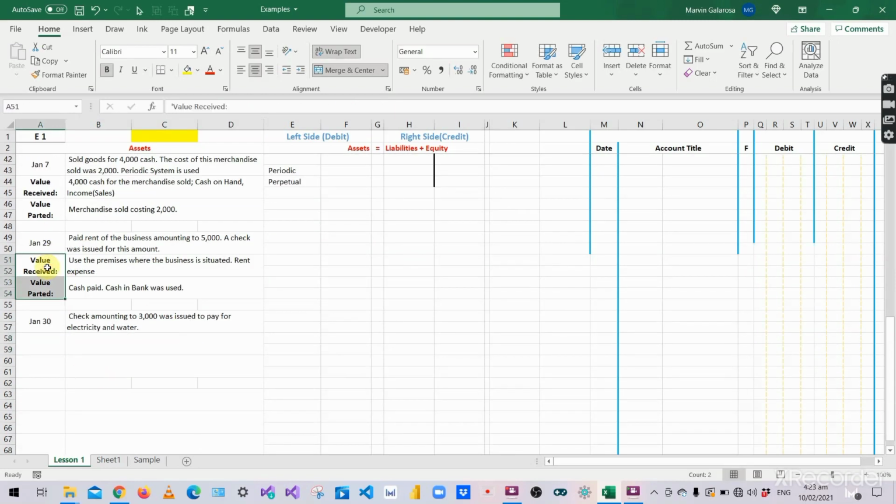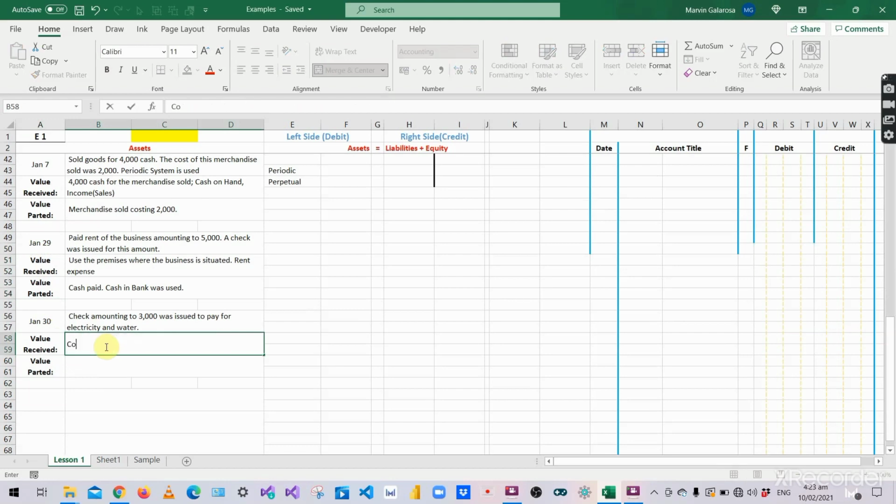Ano yung ating value received and value parted? Value received is yung consumption or use of electricity and water, which represents the utilities expense.